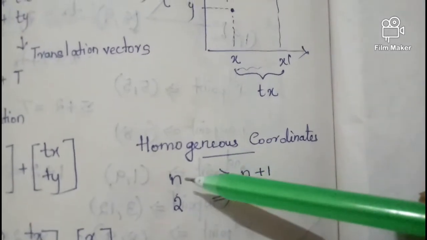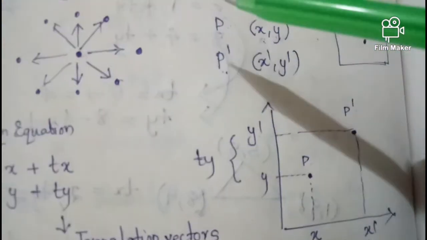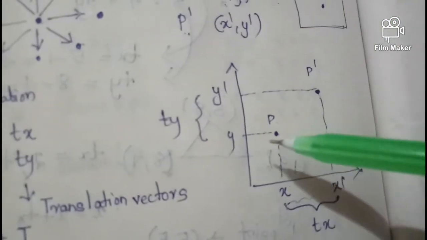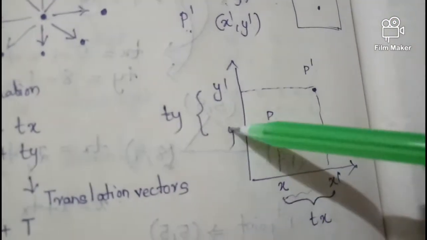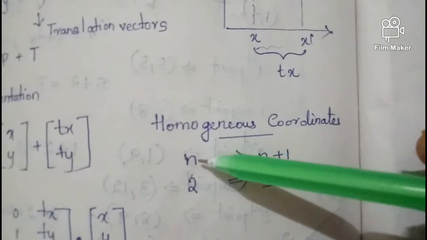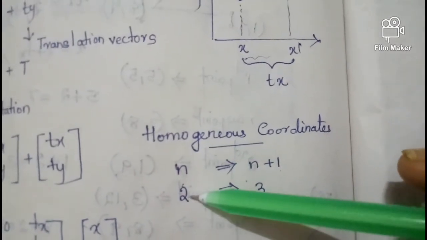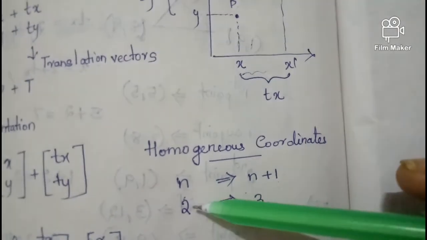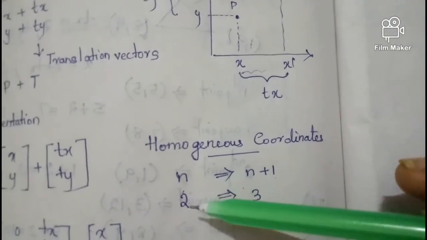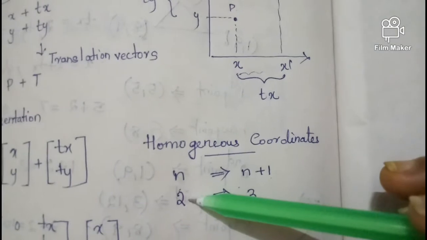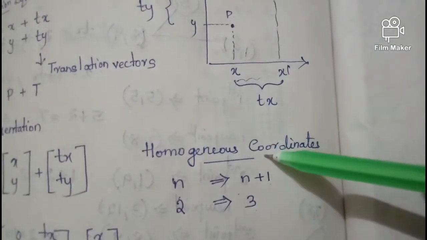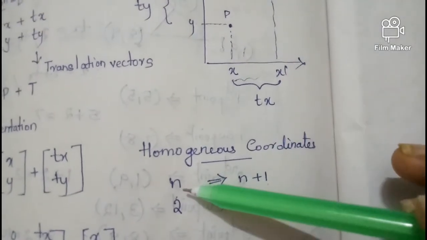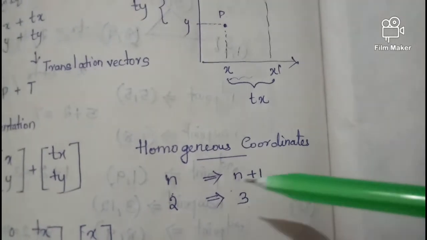That means we were talking about a coordinate system which has only 2 coordinates, that is x and y. So here the value of n is 2. So we are using a 2 coordinate system. Homogeneous coordinates say a 2 coordinate system can be represented using 2 plus 1 coordinates.